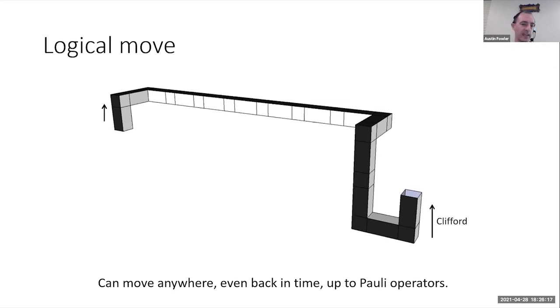And that's not a mistake. That's not invalid. This is also not a special feature of the surface code. Once you get happy with these figures, you'll see that this U shape represents creating a Bell pair. And this is then the remainder of a teleportation argument. So you can do this trick in any code. It just happens to be kind of pretty to look at in the surface code.